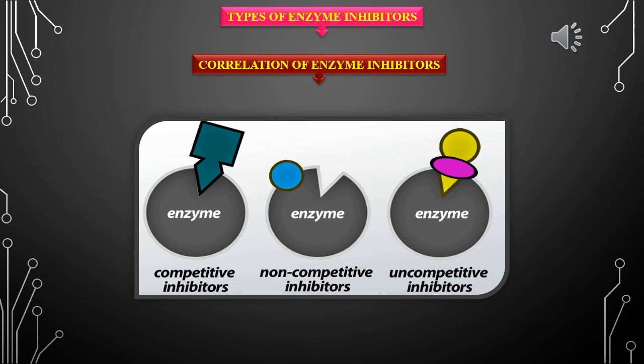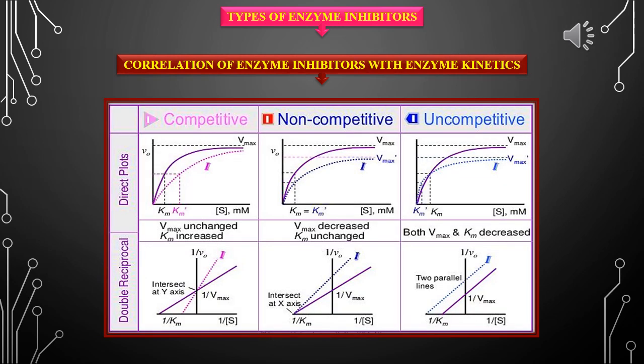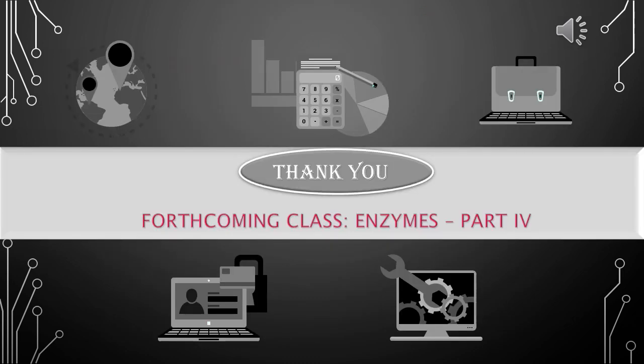Coming to the correlation of inhibitors, whatever we have discussed is focused here: competitive, non-competitive and uncompetitive inhibitors. Then comparison of enzyme inhibition through enzyme kinetics, that is the Michaelis-Menten and Lineweaver-Burk plots. Through those two plots, inhibition is compared. Observe the plots to see how Vmax and Km are affected for each competitive, non-competitive and uncompetitive inhibition process.